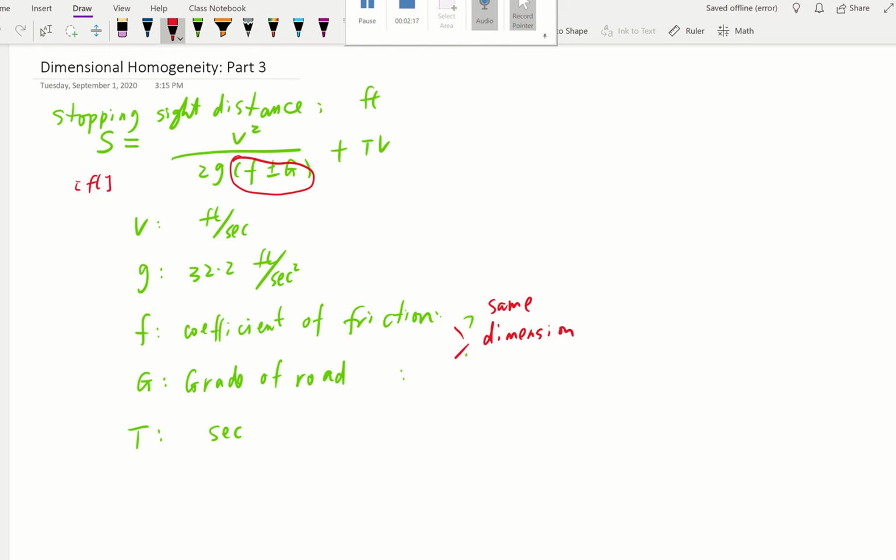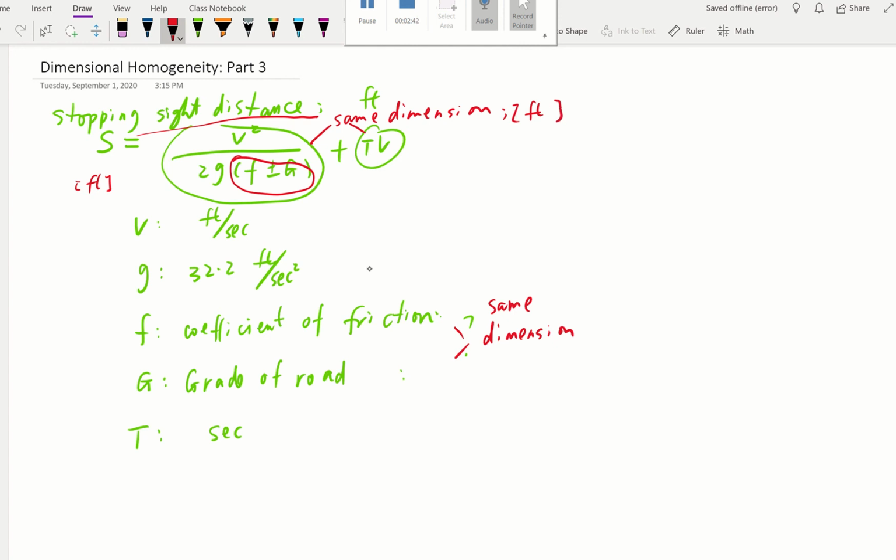That's the stopping distance. And we have this first cluster plus the second cluster. They have to have the same dimension, and when they add up together, they are going to have the same dimension as this one as well. So they will share the same dimension as foot.